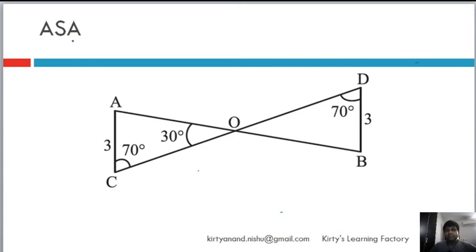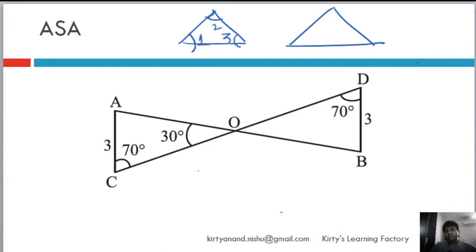And once again, it is two angles and this included side, the side in between, not any side. So if there are two triangles, this is angle 1, this is angle 2, and this is angle 3, this is angle 4, this is angle 5, and this is angle 6.